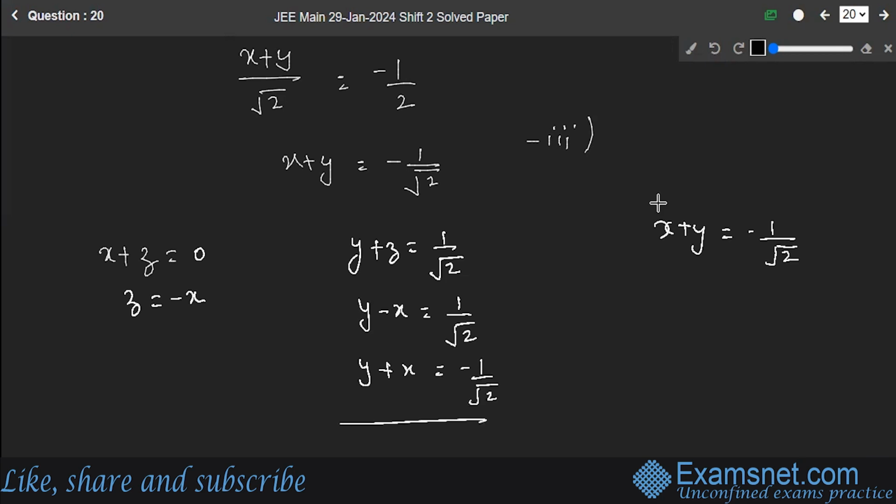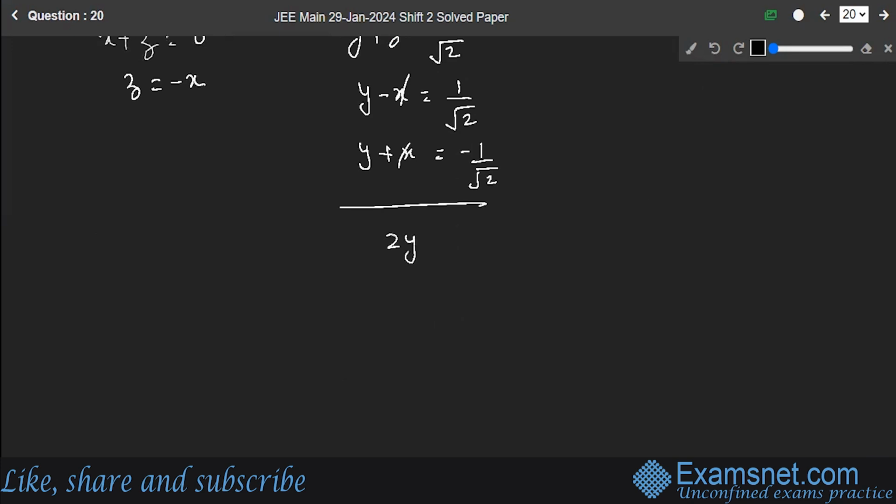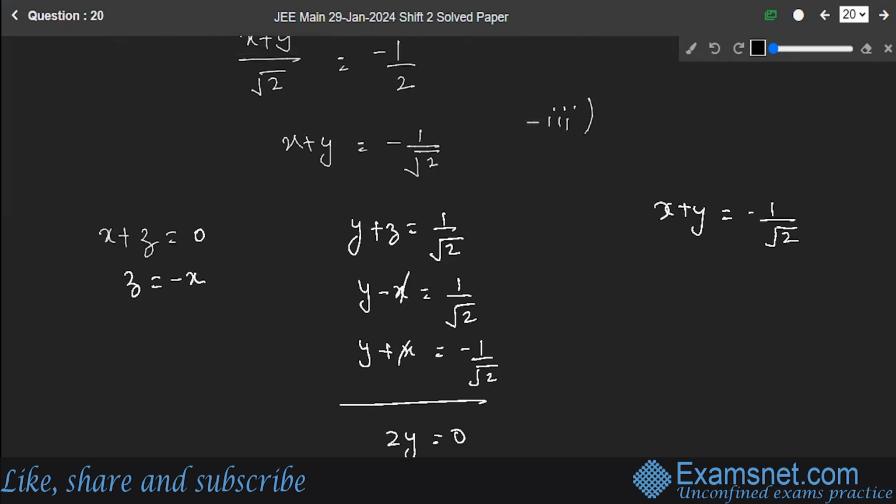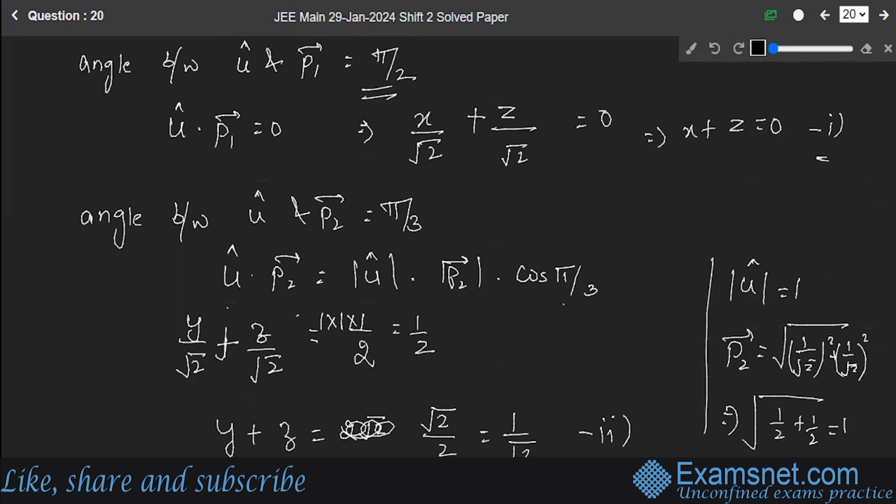Let's add both of them. You have 2y is equal to 0. That gives me y is equal to 0. If I fill in over here, x will be equal to minus 1 by root 2, and then z will be equal to 1 by root 2.